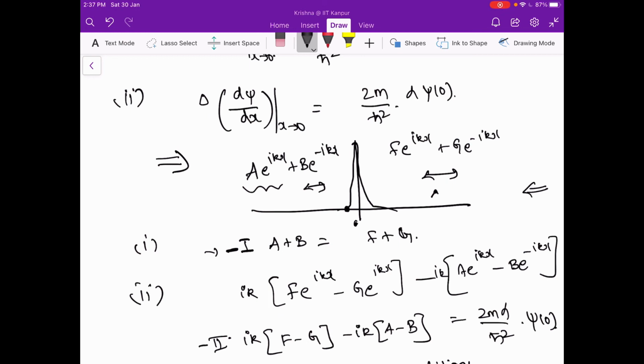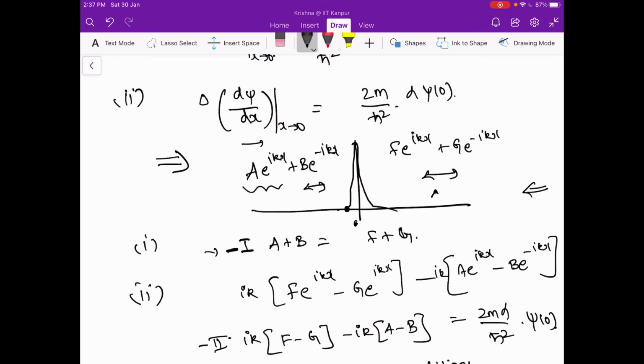If we assume that to be understood, then A e^{ikx} is a right traveling wave, B e^{−ikx} is a left traveling wave, and that's why A is called the incident wave and B is called the reflected wave.